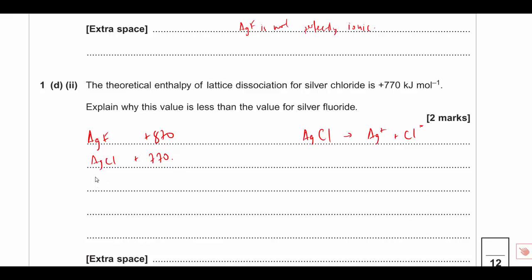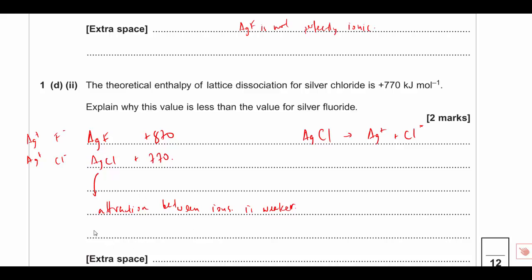So, explanation: attraction between ions, that's the silver ions and the chloride ions, is weaker. Well, why is that? Well, the silver ion is remaining the same. That's the key thing. The silver ion's the same here. There's no difference there. Same charge. Fluoride and chloride ions, you know, both singly charged. So the only difference really is the fluoride versus the chloride.